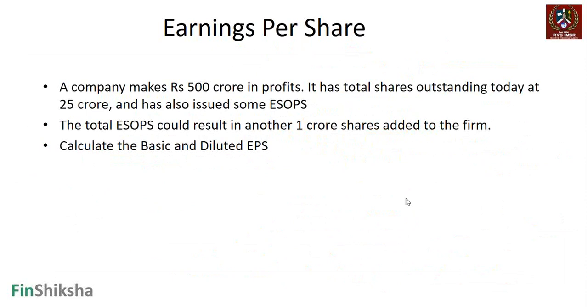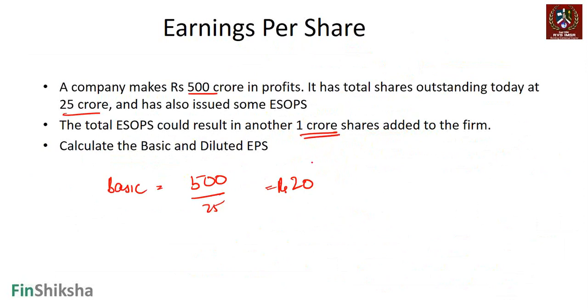Let's take another example. Now we are saying the company has 500 crore in profits, 25 crore shares outstanding, same as earlier. So 500 by 25, and we are saying there is no preferred dividend this time, right? So effectively the basic EPS is going to be 500 by 25, that's rupees 20 per share, right?